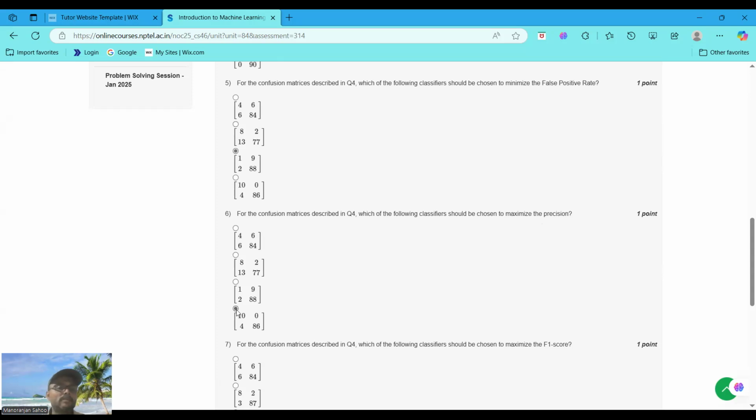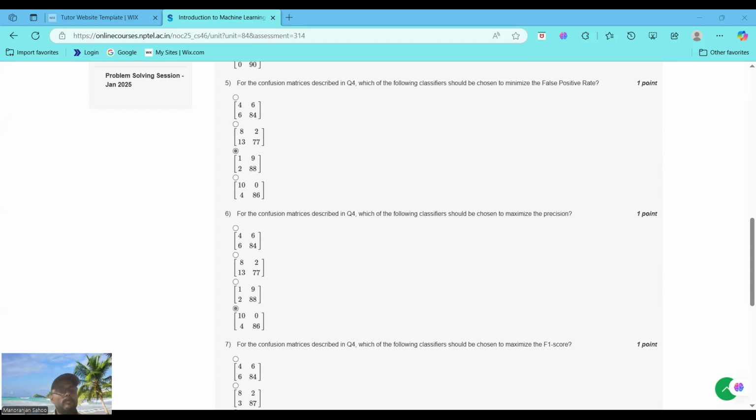We choose option D for question 6. You know precision is true positive divided by true positive plus false positive. Using the matrices from before, in this matrix TP equals 4, where TP means true positive, and FP means false positive, FP equals 6.